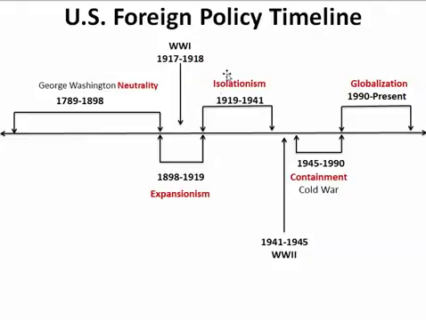In other words, neutral and isolated from worldly affairs. Until 1941, we saw FDR wanted to help Great Britain during World War II with the Lend-Lease Act, and then with the attack on Pearl Harbor, we changed from isolationism to engagement in World War II and world affairs.